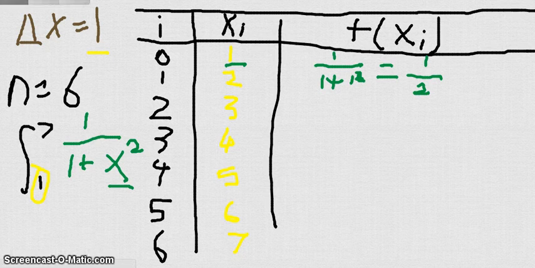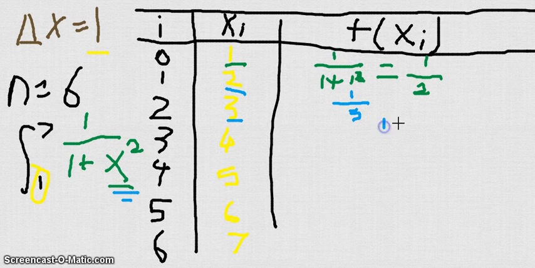The next one we'll do the same. We substitute the 2 into the x value. We get 1 over 5. And then we substitute 3 into the x also.